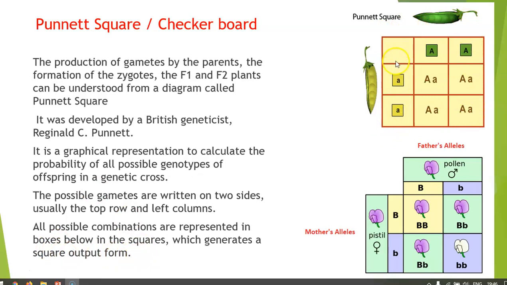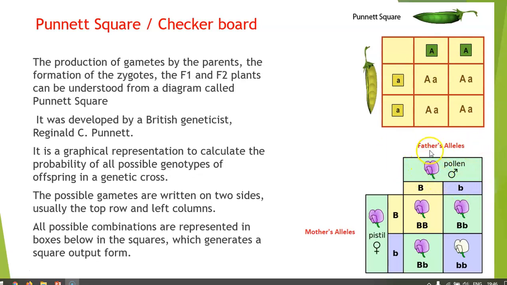This is a grid, and on one side you have the possible gametes from the paternal side and the possible gametes from the maternal side on one of the columns. Then you simply bring them together, that is the capital A and the small a are brought together, and the grid is completed.